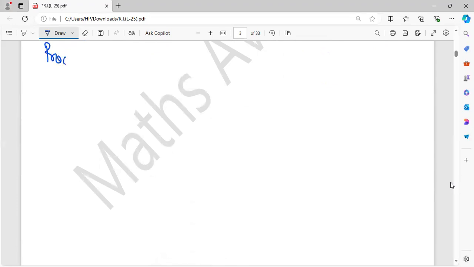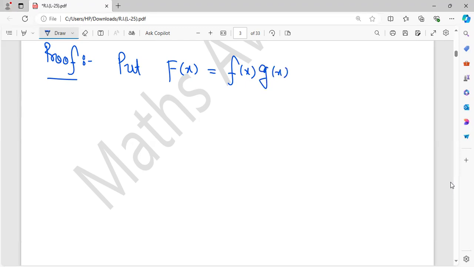Proof. Put capital F(x) equal to f(x) g(x) for all x belonging to the closed interval [a,b].